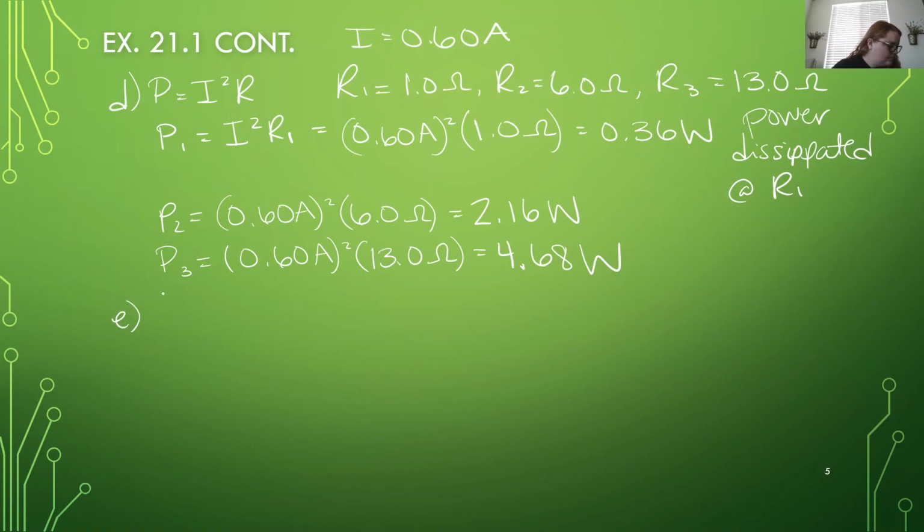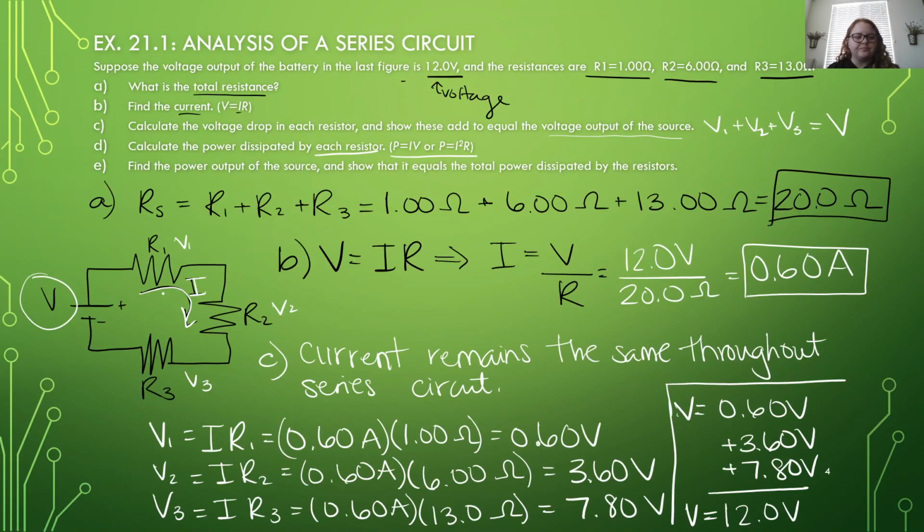All right. So moving on to part E. Find the power output of the source and show that it equals the total power dissipated by the resistors. So this can be found using our overall voltage that was given to us, 12 volts, and our current that we found.